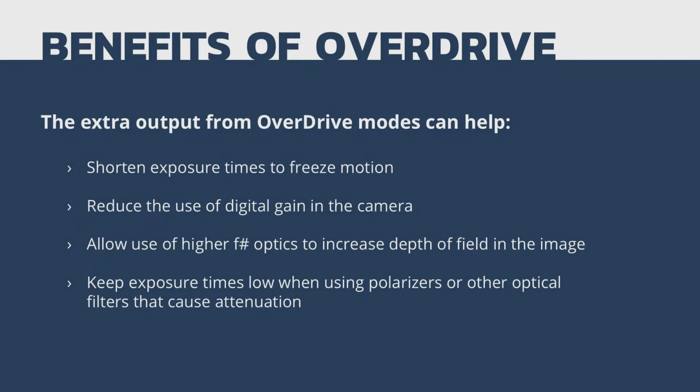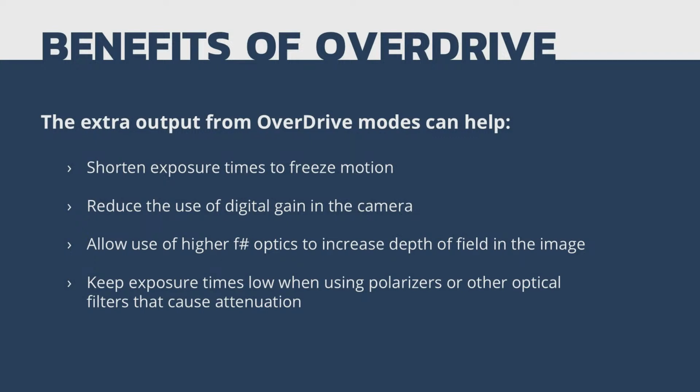And last but not least, the extra light lets us keep exposure times low when using polarizers or other optical filters that have attenuation. We mention polarizers a lot because when we use two cross-polarized linear polarizers, we can reduce glare in many applications, including logistics, where we have to read through plastic wrap and bags and other things like that. But the exchange for that is that with linear polarizers, we often have somewhere between 8 and 20% of the total light.